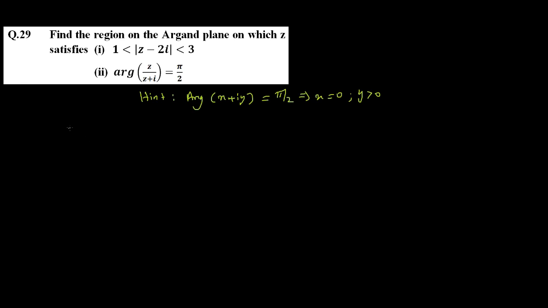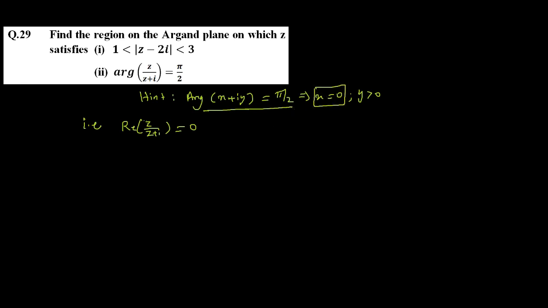Argument of given is argument of z by z plus iota is equal to pi by 2. That means real part of z by z plus iota is equal to 0, because see here, what is the hint telling? Argument of something is equal to pi by 2 only when the real part is 0.